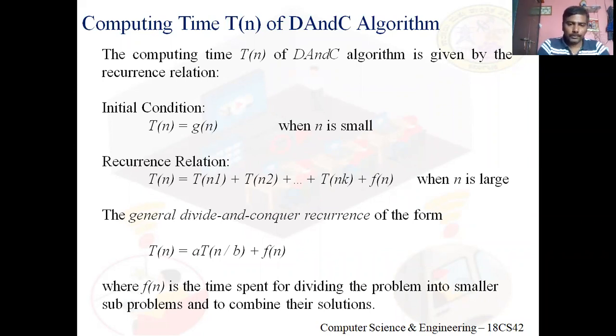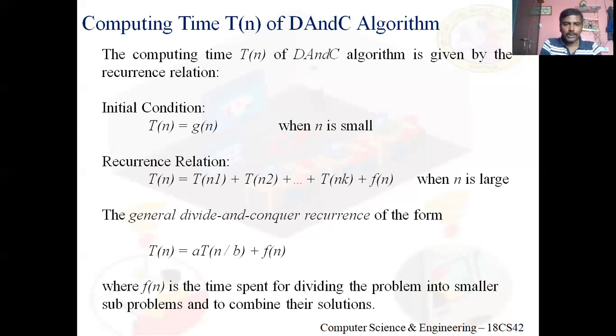While discussing mathematical analysis of recursive algorithms, remember there are 5 steps. In the fourth step, you need to set up a recurrence relation with initial condition for the basic operation count.